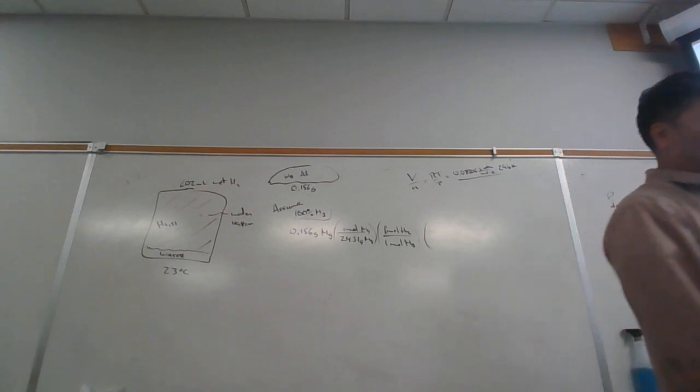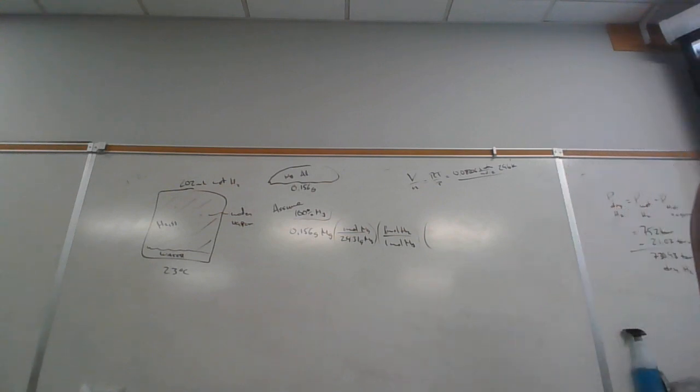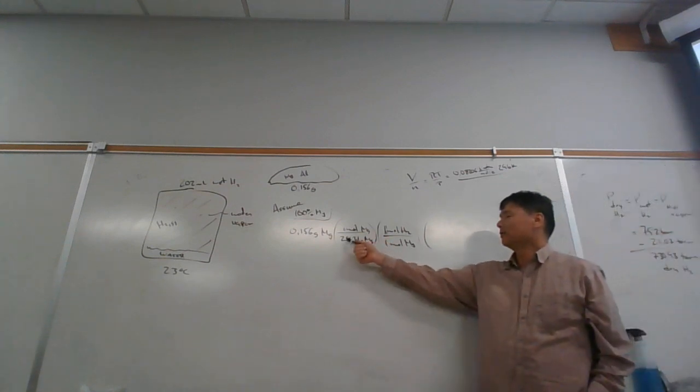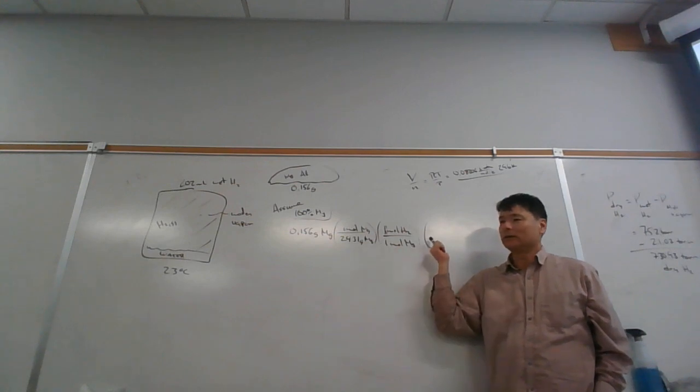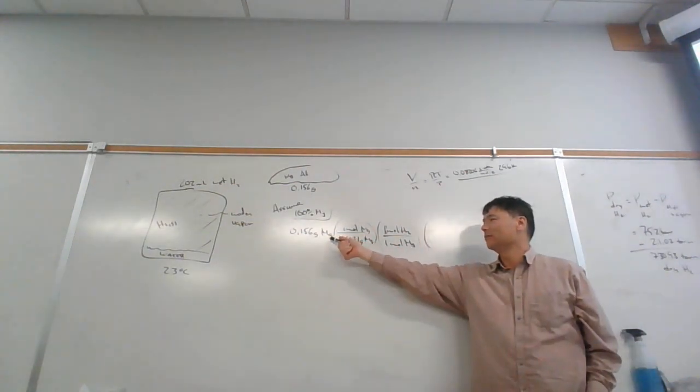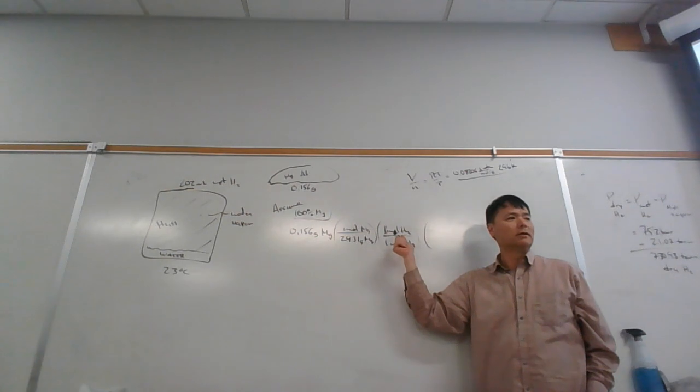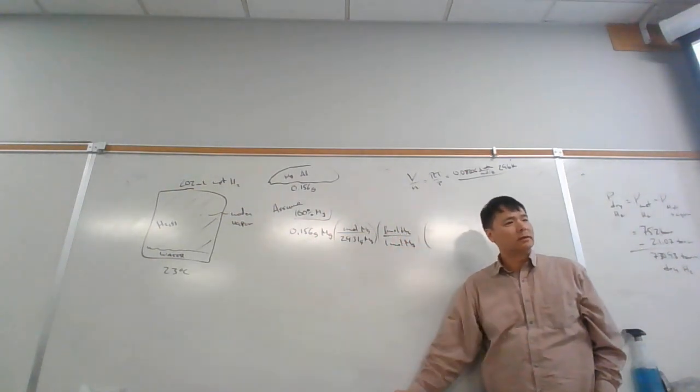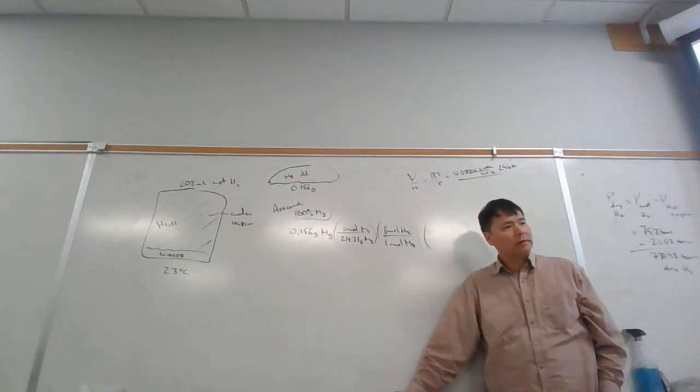I went from grams of sample. The grams of sample is going to be magnesium and or aluminum. And so, how did you do that? How did you go from grams to moles? Yeah, well, that's what I did at first, and then it was the wrong answer.